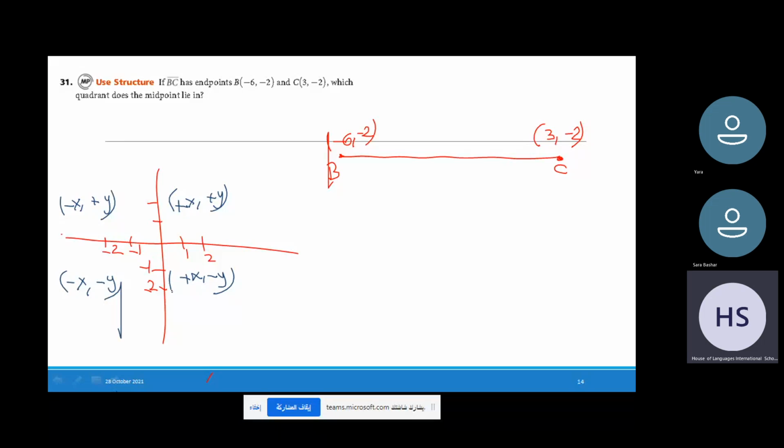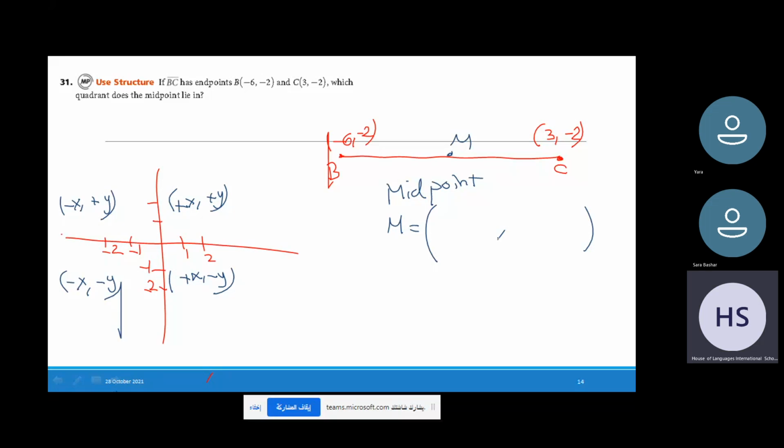They are negative. Now, they asked me to find the midpoint, as we learned yesterday. How will we find the midpoint? As an example, let's name the midpoint M. Ranim, how will I find the midpoint?